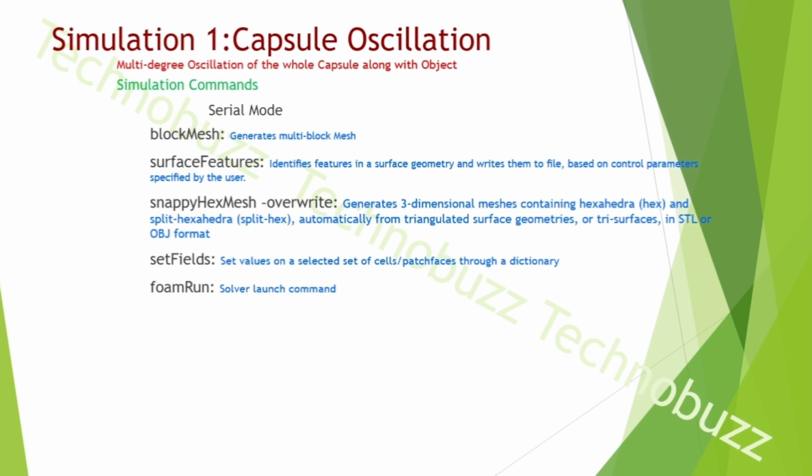surfaceFeatures identifies features in a surface geometry and writes them to file based on control parameters specified by the user. snappyHexMesh command.